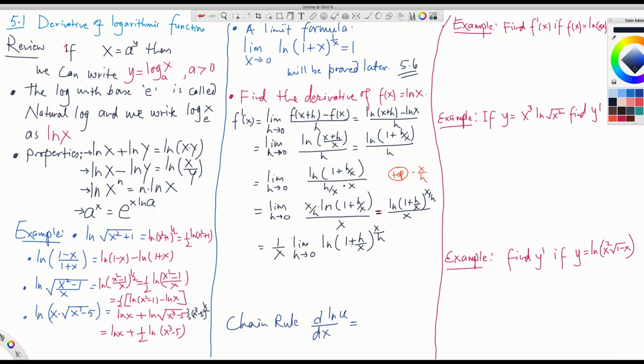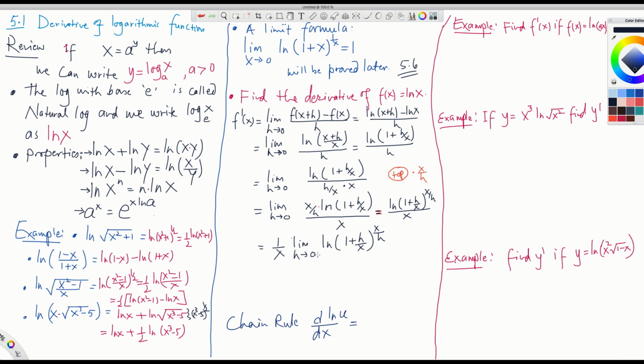So what did I do here? Here, I'm trying to use the formula: the limit h tends to 0 of natural log of 1 plus some quantity, and in the exponent, the reciprocal of that quantity. Look at this.